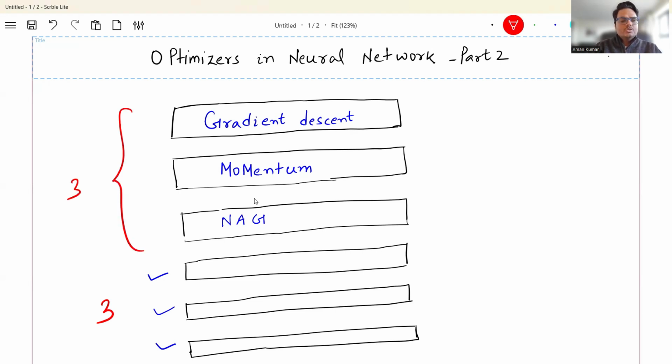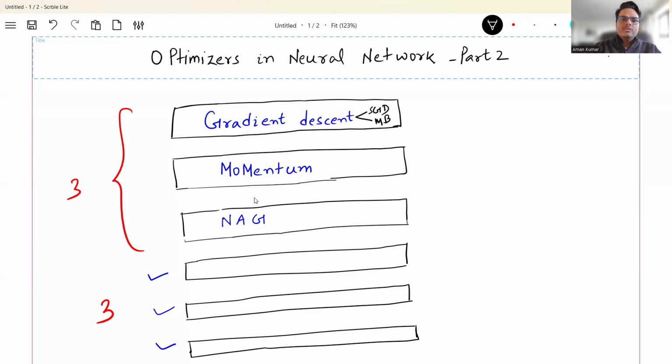Just a refresher, guys: what is the difference between gradient descent, momentum and NAG? Gradient descent is your plain vanilla optimizer and there are a few variants of it. It can be stochastic gradient descent or mini batch gradient descent, but more or less these are the same thing.